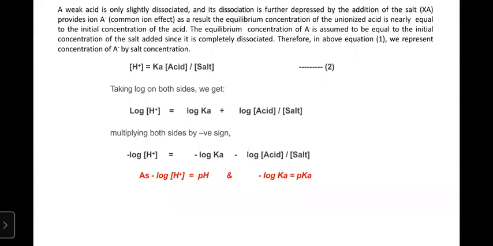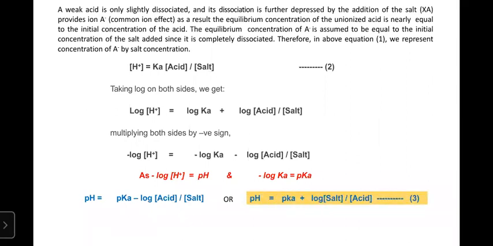Then what about the equation? pH is equal to pKa minus log of acid by salt. Or else, you can rearrange this equation: pH is equal to pKa plus log of salt by acid.